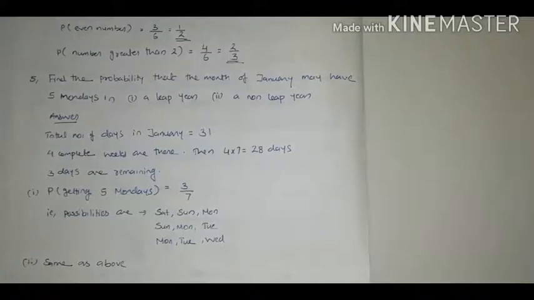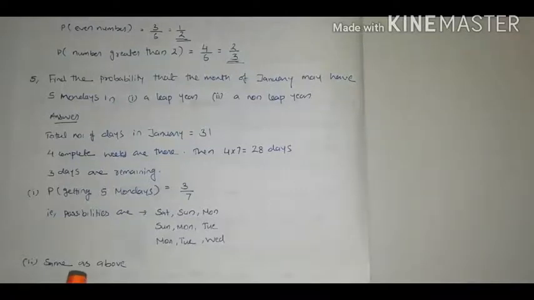So whether it is a leap year or a non-leap year will not make any difference in the month of January, because in a leap year also the total number of days in January is 31. If it is not a leap year, then also it is 31. The only change is in the month of February.